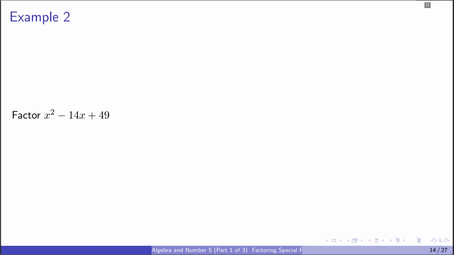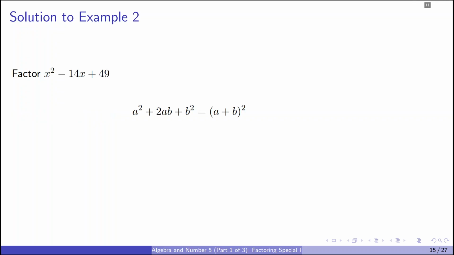Now this one, we're starting and ending with perfect squares. That ending perfect square does not have a negative sign. We have a cross term, as they call it, that linear term in the middle. We have to see, does this fit our a plus b squared pattern? Well, if it does, our a would be x. Our b would have to be 7.